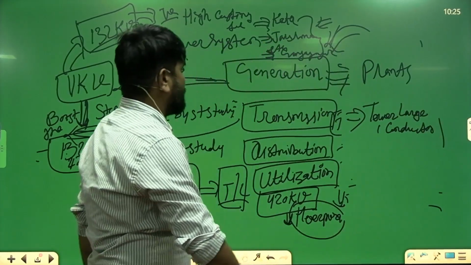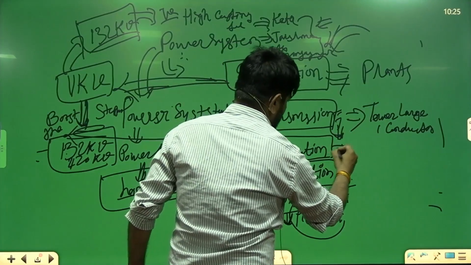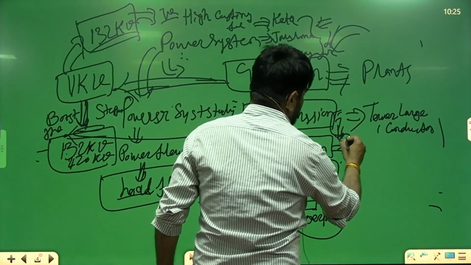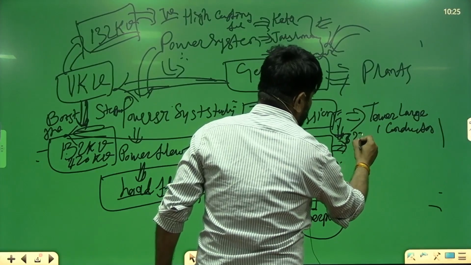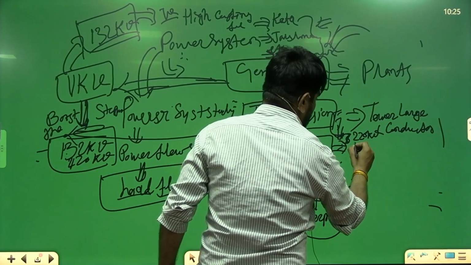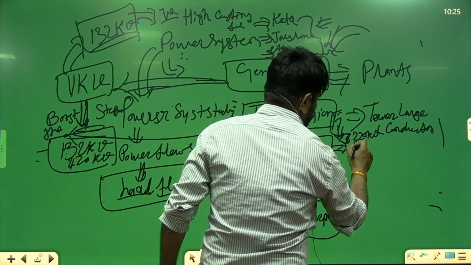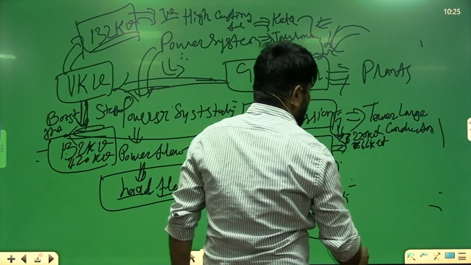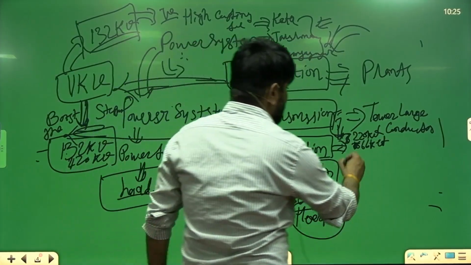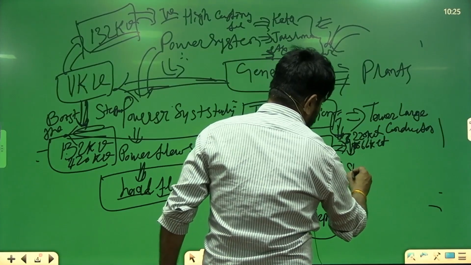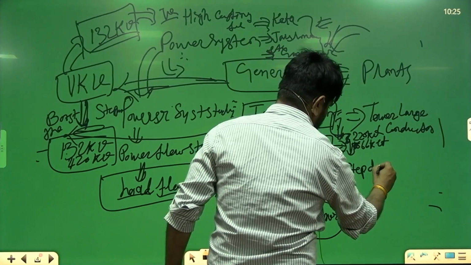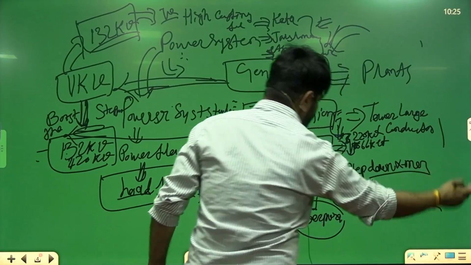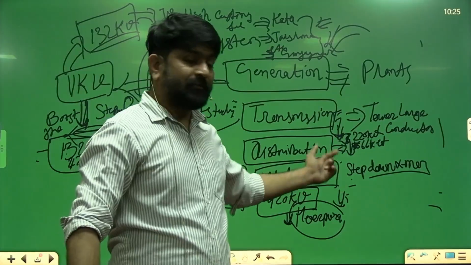After that we come to distribution. In distribution we can't supply 220 kV or 66 kV directly, etc. For this we again use the step down transformer. What is the work of the step down transformer?